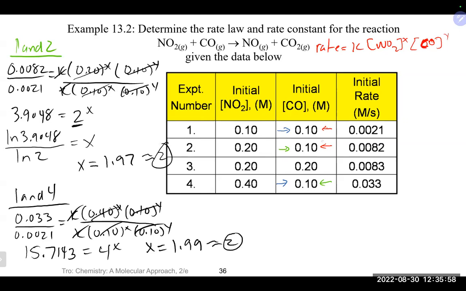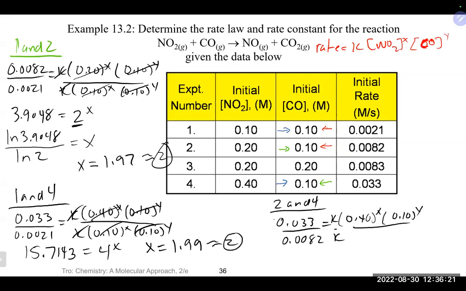Lastly, if you chose to do number 2 and number 4 for that, we'll put in this case number 4 back up on top, and our 0.1 to the Y. We'll put number 2 there on the bottom, 0.0082, K, 0.2, 0.10.